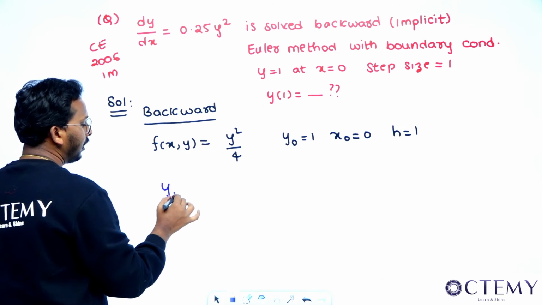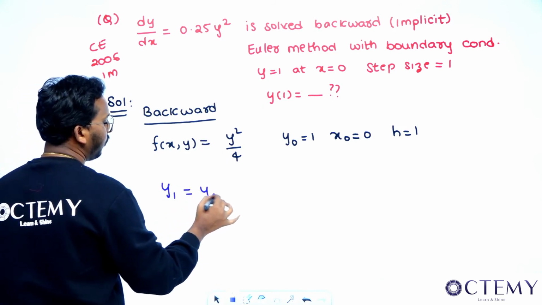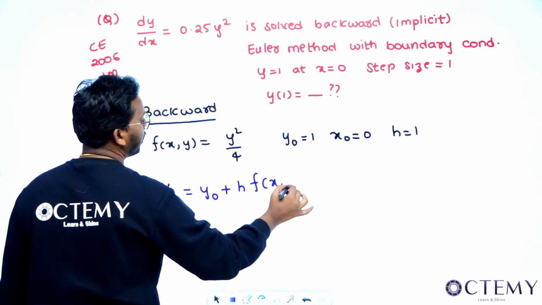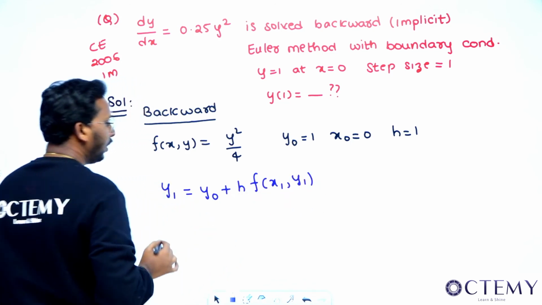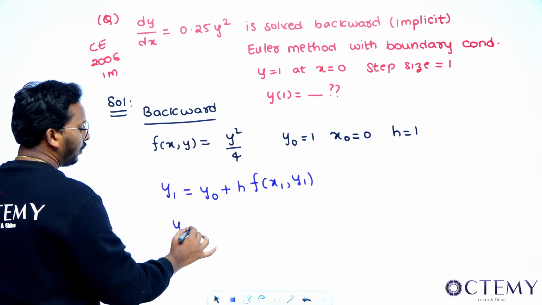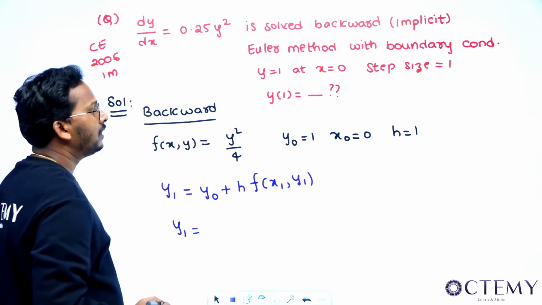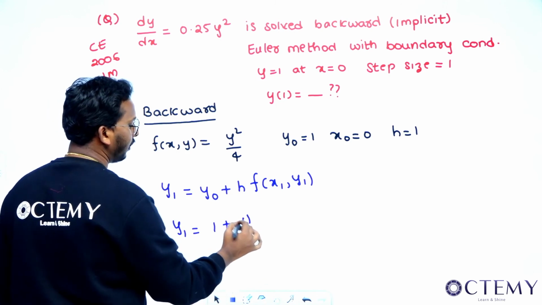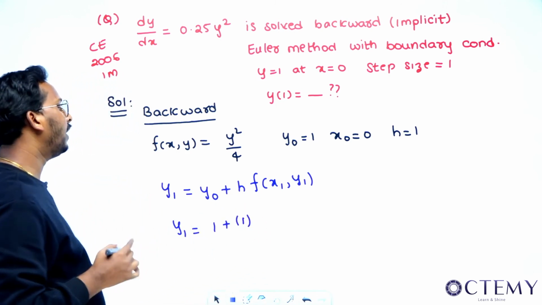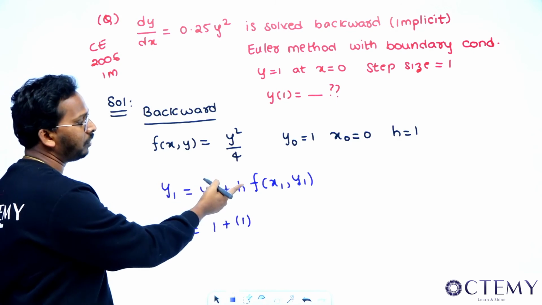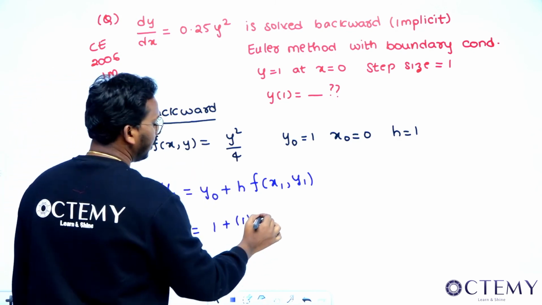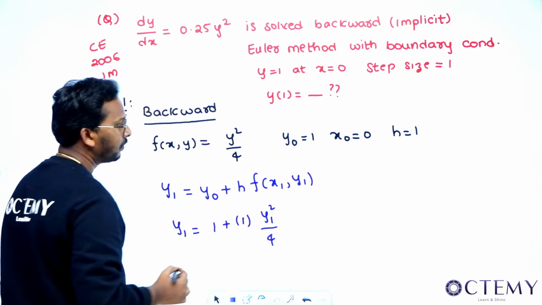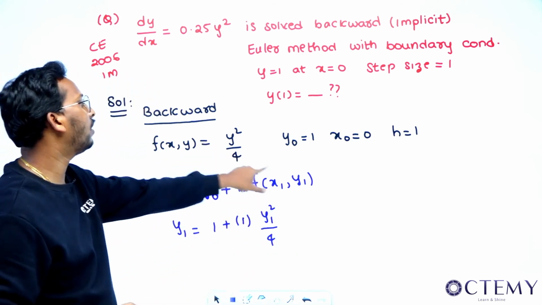Backward method. So y1 is equal to y0 plus h into f(x1, y1), sir. So y1 is equal to, what is y0 value? y0 value is 1 plus what is h value? That is also 1. What is f of x1 comma y1? That will become y1 square divided by 4, isn't it? You just have to put in place of y1.